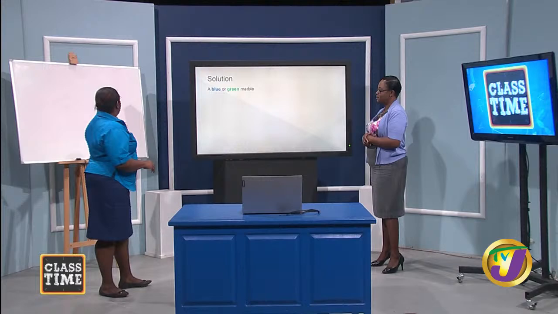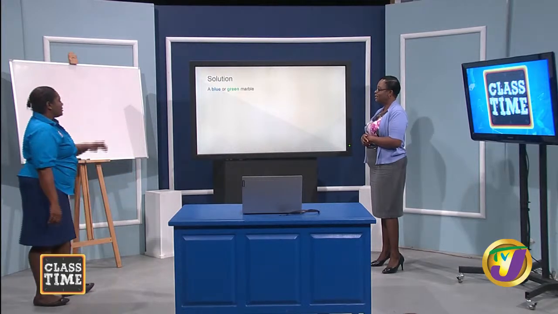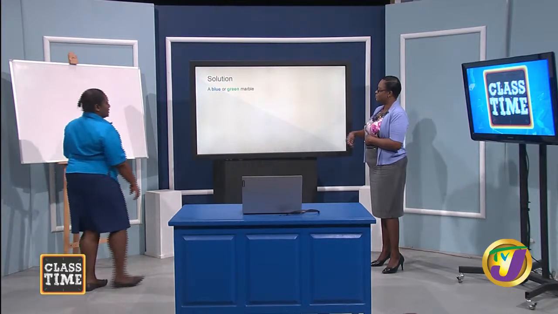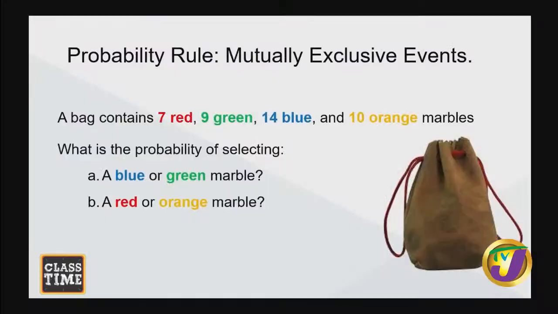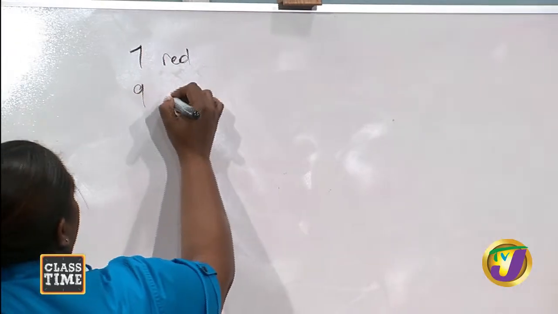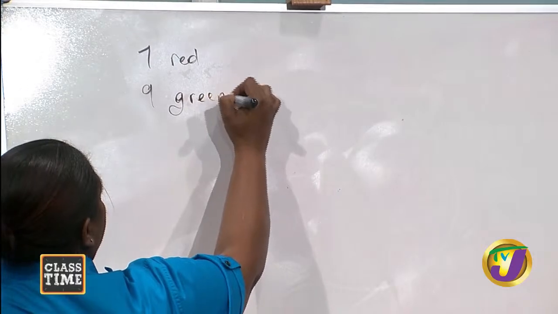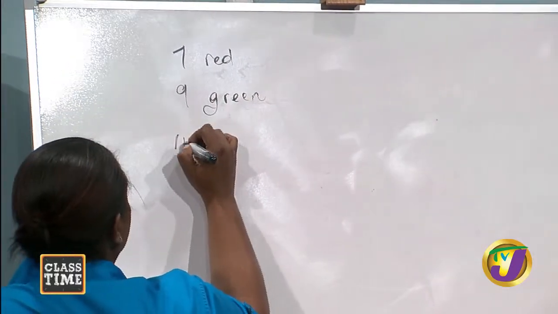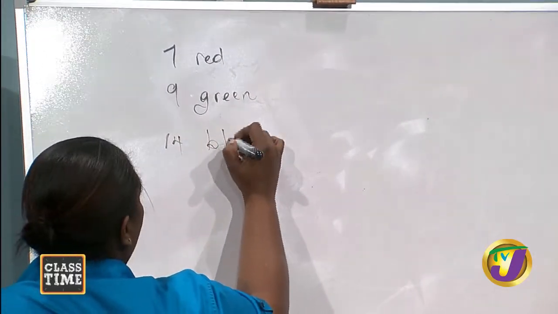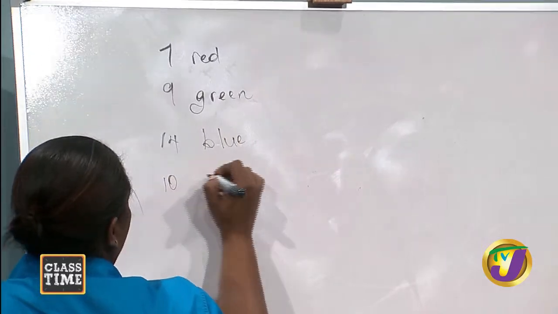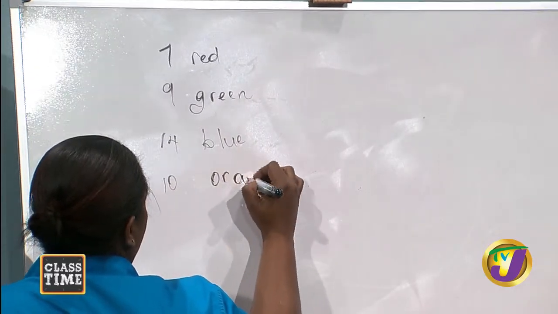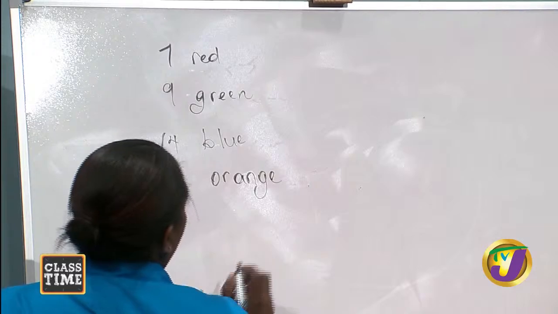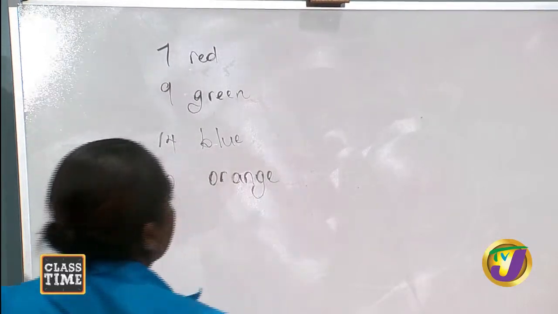You want to take us through it on the whiteboard. So let's go back to the question itself. We are just going to do a summary of the information that's given. So we know that we have 7 red, 9 green, 14 blue, and 10 orange. There is a total of, because that's where I'm going, what would be the total?